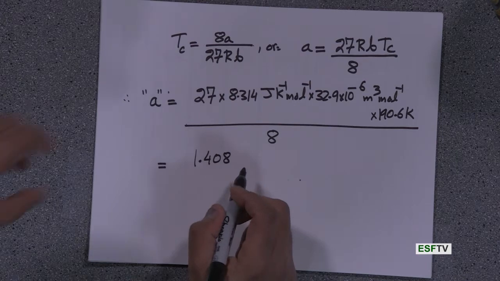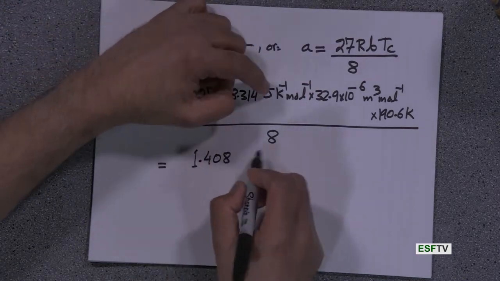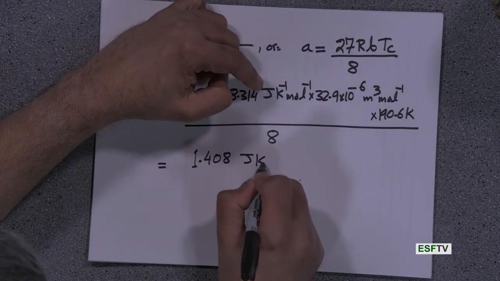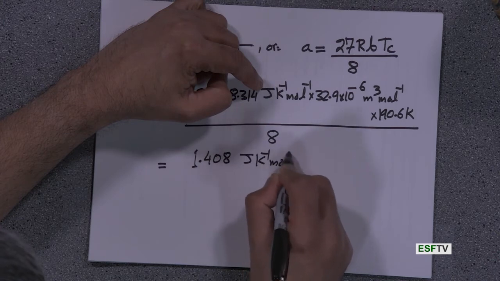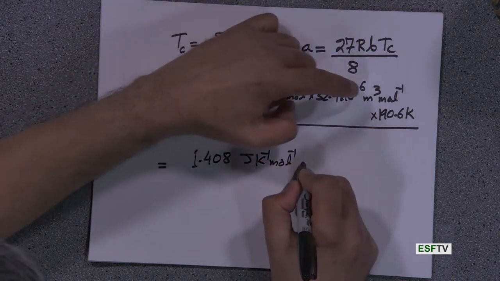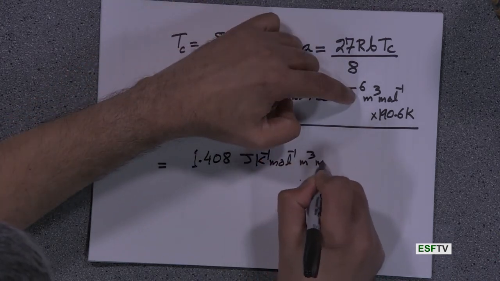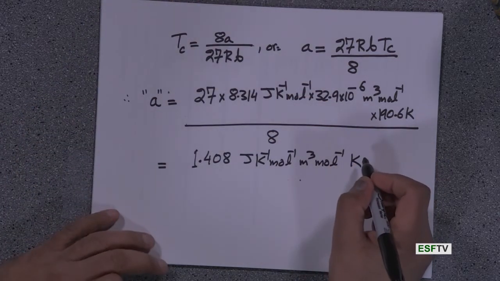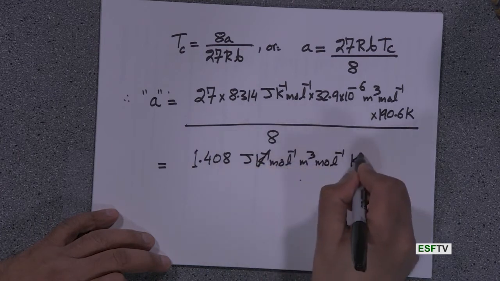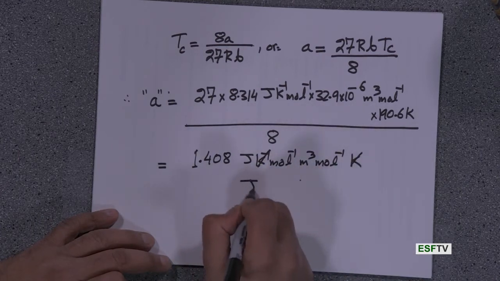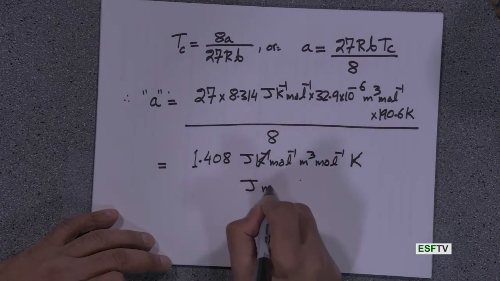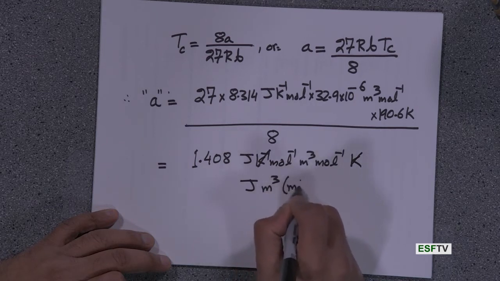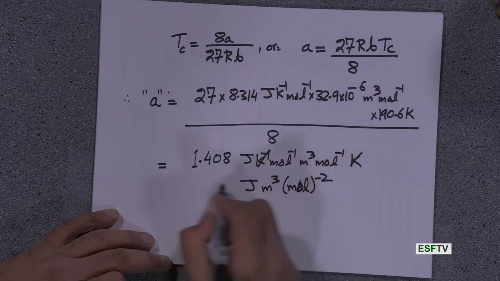but in what units? Let's look at the units. The units are joules per Kelvin per mole from here, cubic meters per mole here, and Kelvin. So let's see. The Kelvins cancel out. This is in joule meter cube mole to the power minus 2.